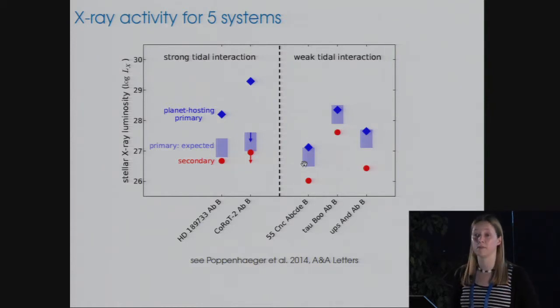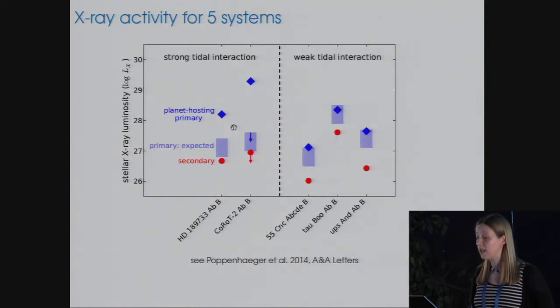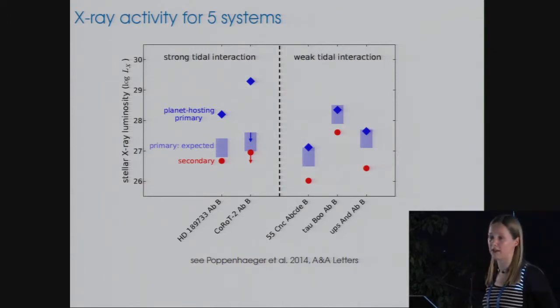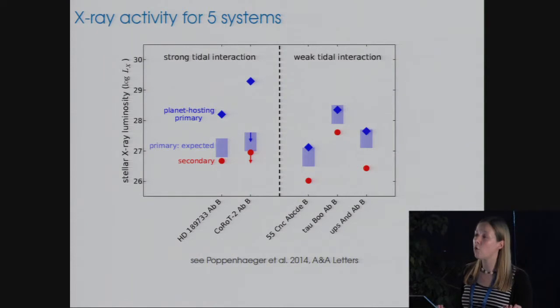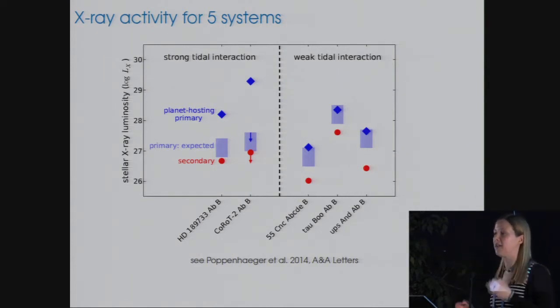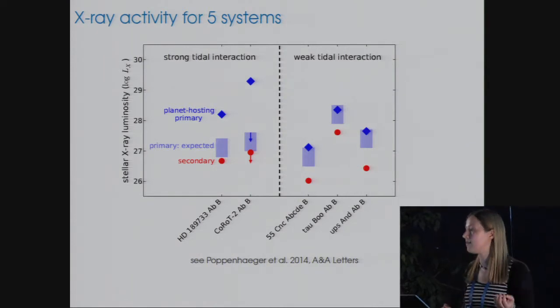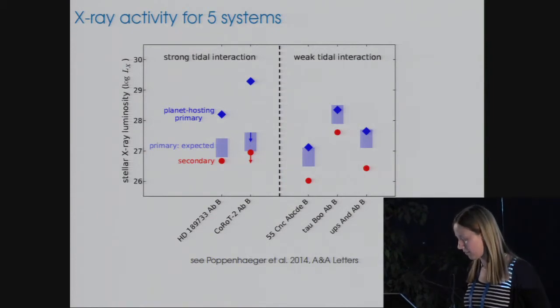And for the cases where we expect weak tidal interaction, these agree well. And for the other 2 cases, they are fairly far apart from what you would actually expect. So this might be a way forward to disentangle the age effect and an actual effect that exoplanets might have on their host stars.